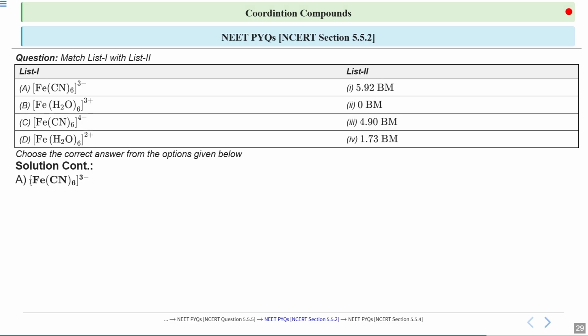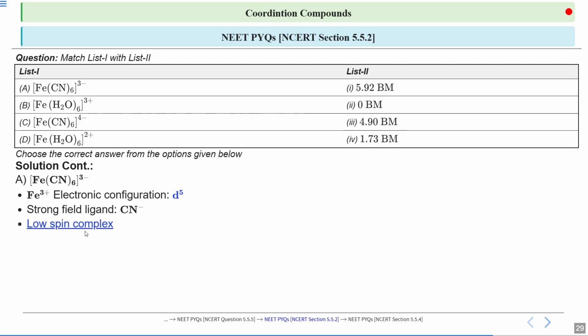For the first complex, [Fe(CN)6]3-, iron is in +3 oxidation state, so its electronic configuration will be d5. d5 means we have 5 unpaired electrons. And here the cyanide ligand is present, which is a strong field ligand, so it will cause the pairing of electrons. So a low spin complex is going to form, and you get n equals 1 unpaired electron after the pairing happens.